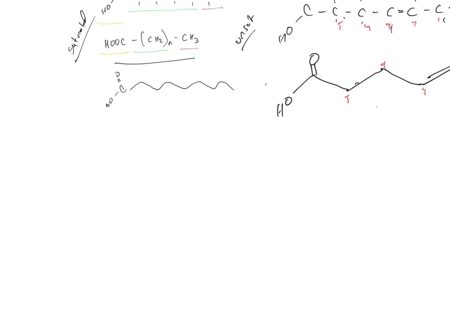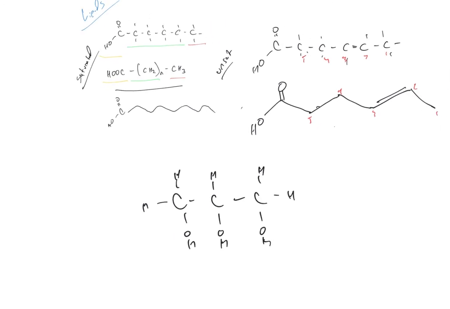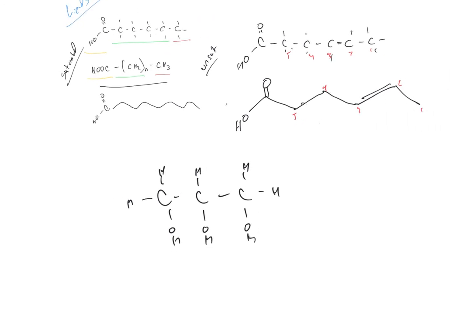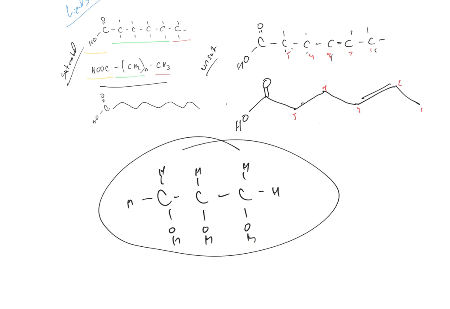The other lipid is a glycerol. So C, C, C, H, H, H, H, H, OH, OH, OH. So if you can draw fatty acids and glycerol, you can draw a triglyceride.